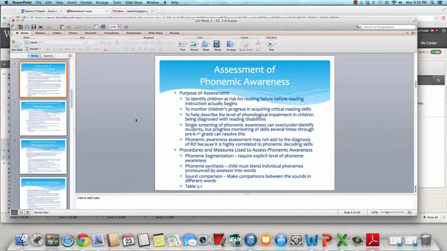Because my argument for DIBELS over something like STAR or MAP is that DIBELS is oral and those tests are computer-based. And I find it hard to believe that you can measure an oral skill, such as phonemic awareness, through a computer, because it's not requiring the child to produce anything orally.